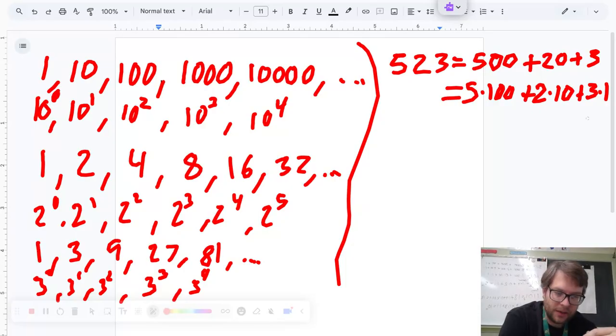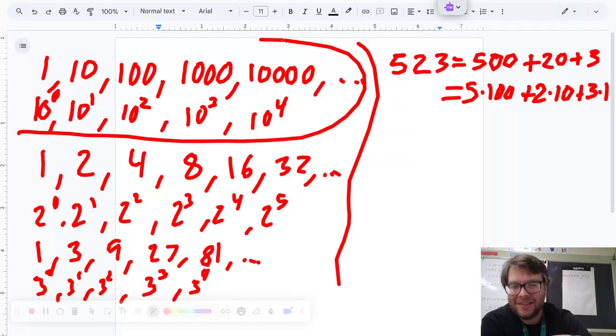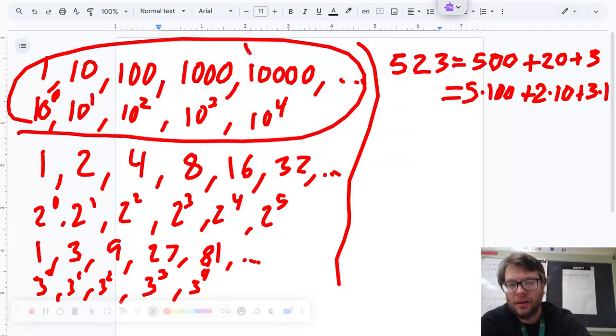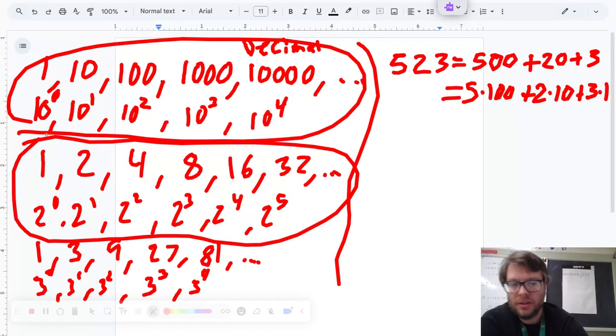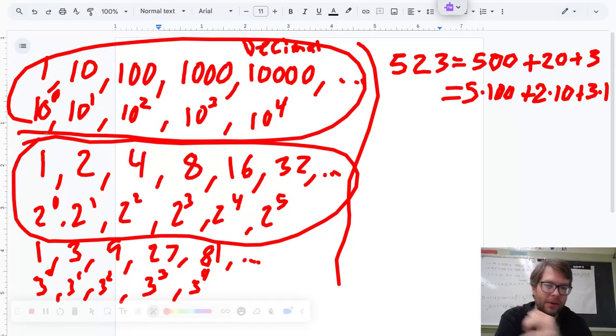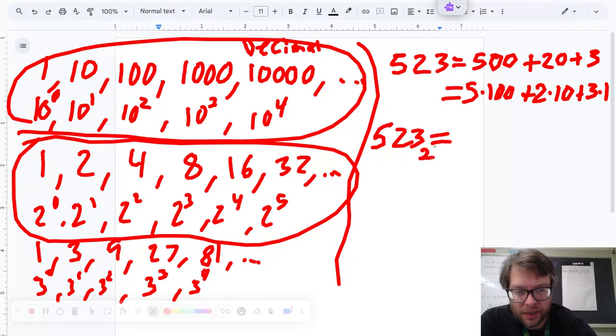But then I told you that numbers don't have to be written out with a base of 10. Numbers don't have to be written out in decimal. Decimal right here means base of 10. Numbers could also be written out in binary, where each of the digits doesn't mean a power of 10. It means a power of 2. So if I think of the number 523 as a binary number, I could put a little 2 down here to tell you that I'm thinking of it differently.